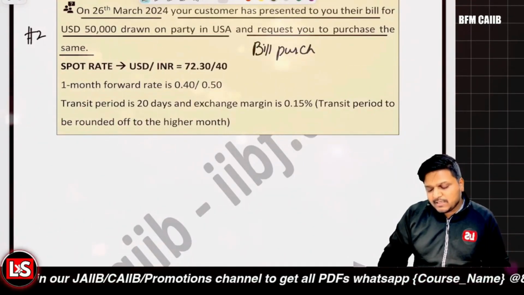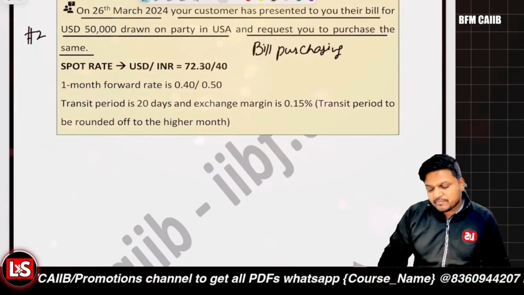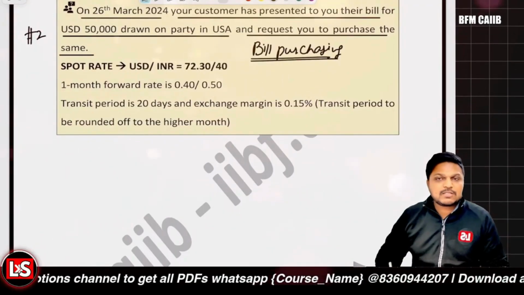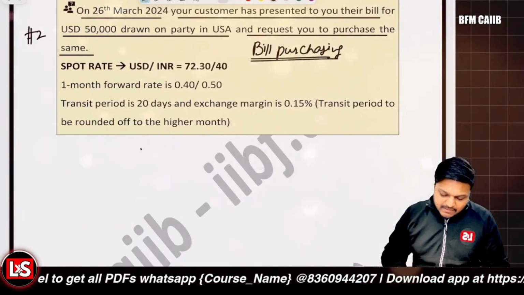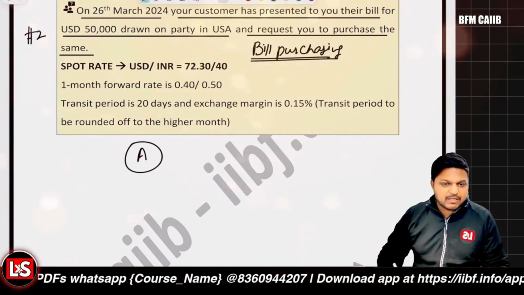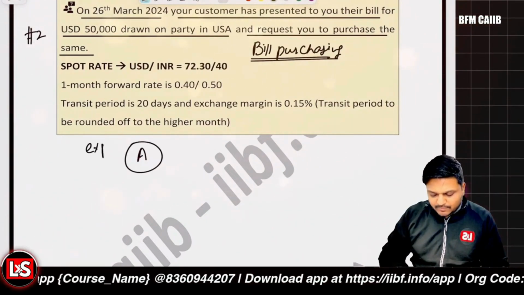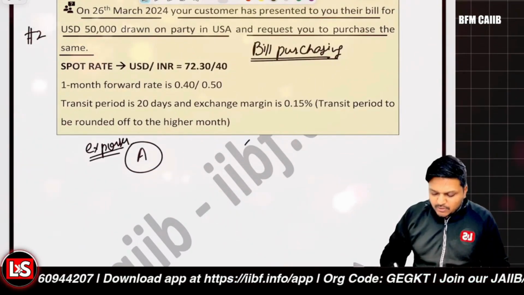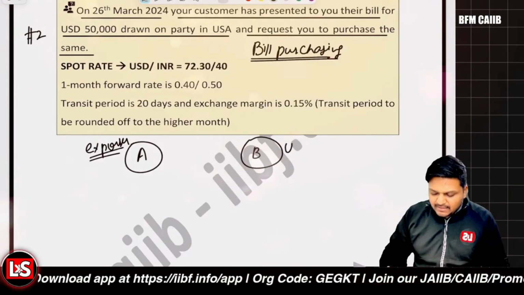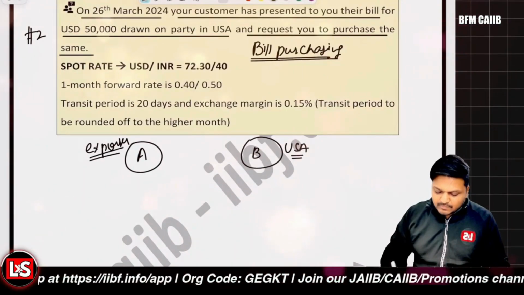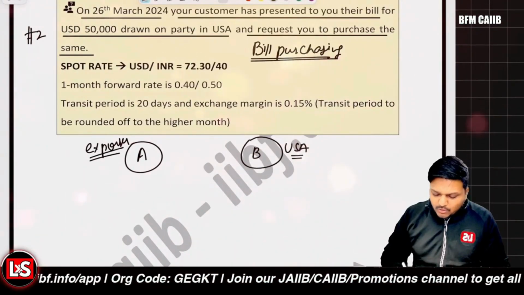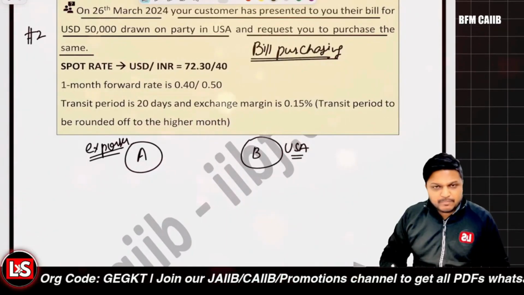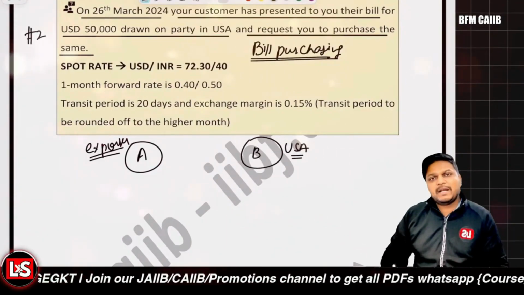So what is the process related to bill purchasing? The process is quite simple. Let's say person A, who is our customer, is the exporter, and he exported the goods to person B, who is residing in USA. Person A sold the goods on credit to person B, but person B has not paid the amount yet.